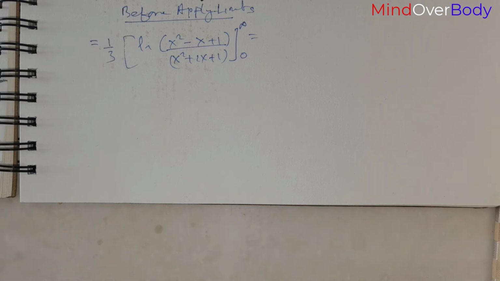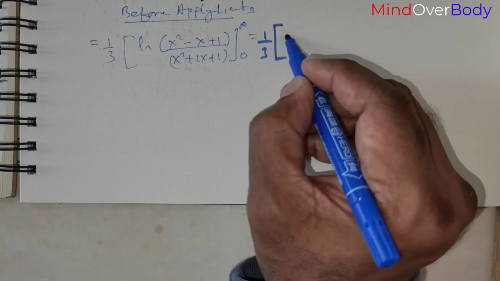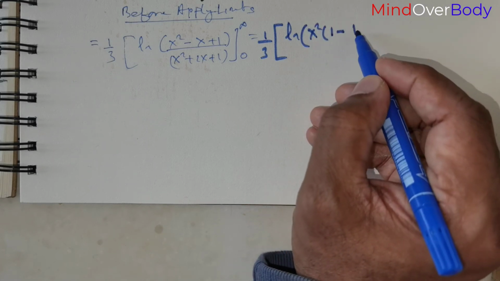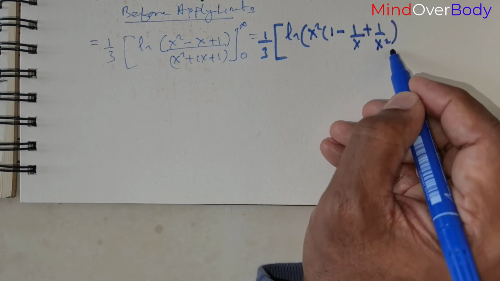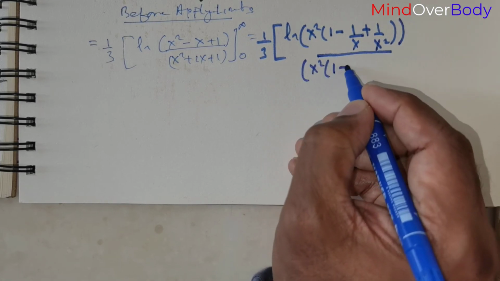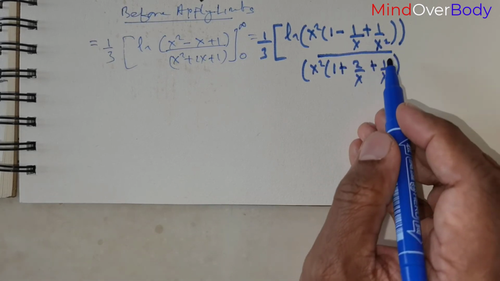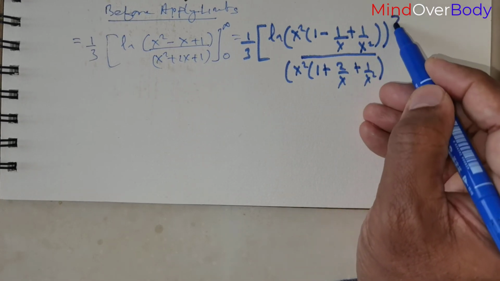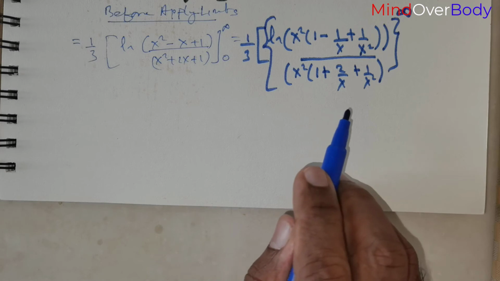For that, I would like to take x squared out. So this is going to be 1 minus 1 over x plus 1 over x squared, divided by, taking the x squared out, 1 plus 2 over x plus 1 over x squared. This is for applying the upper limit. So I can place a parenthesis like this and apply infinity.